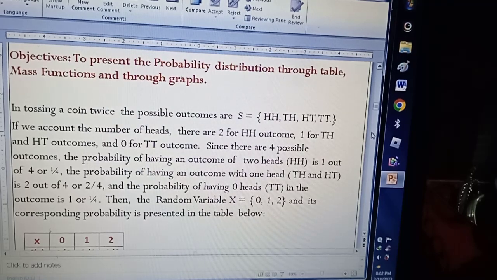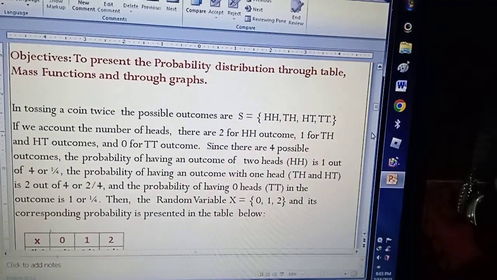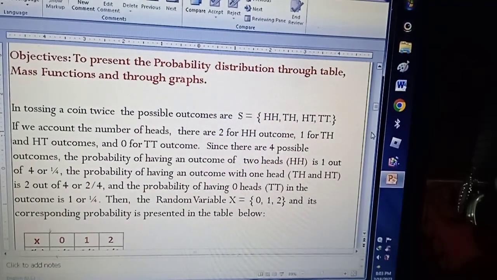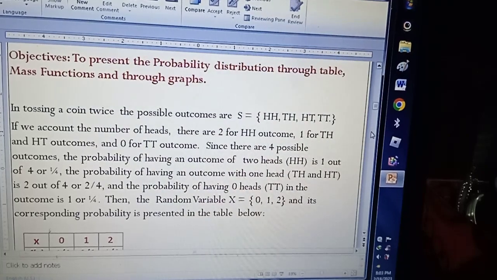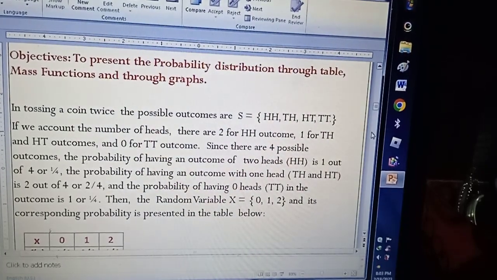If we count the number of heads, there are 2 heads for the HH outcome, 1 for TH and HT outcomes, and 0 heads for the TT outcome.